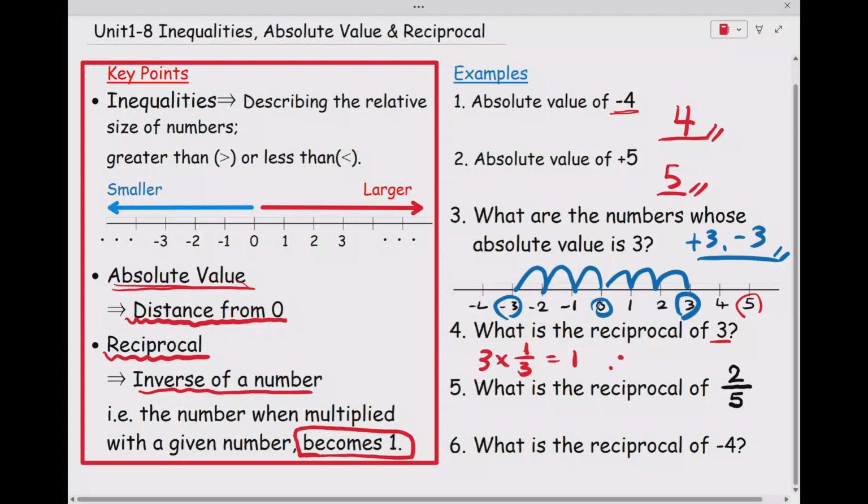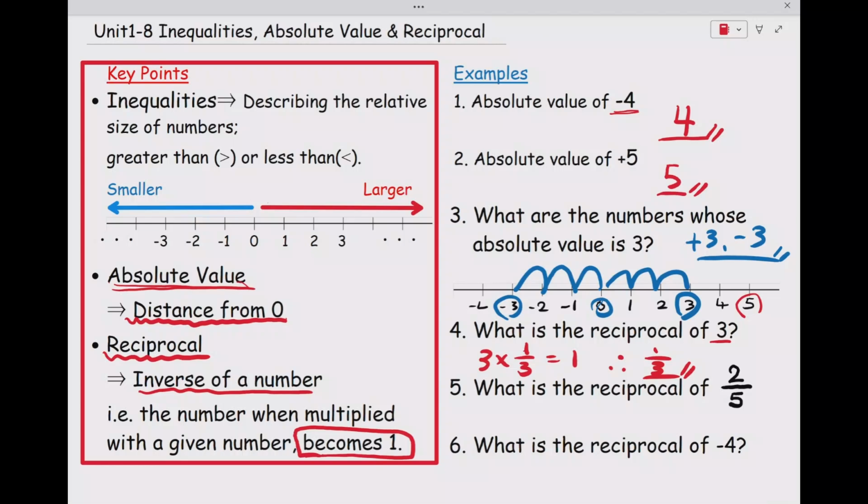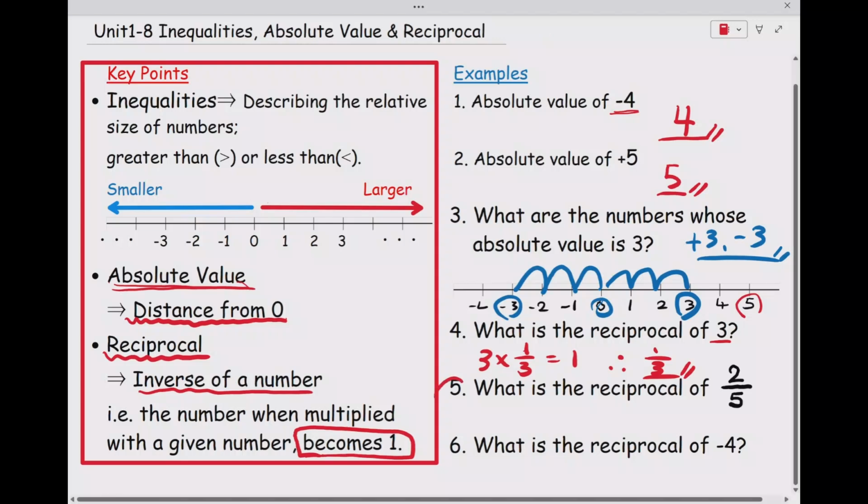I will show you a little trick to easily find the reciprocal. That is, just flip the given number upside down and you get the reciprocal. Easy, isn't it? What about the reciprocal of 2/5? What would you say? Use the trick I just told you.